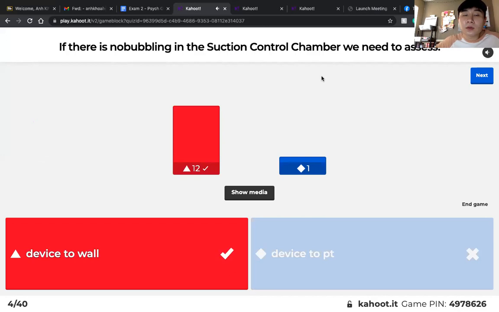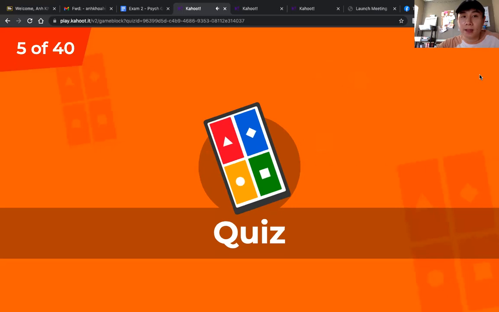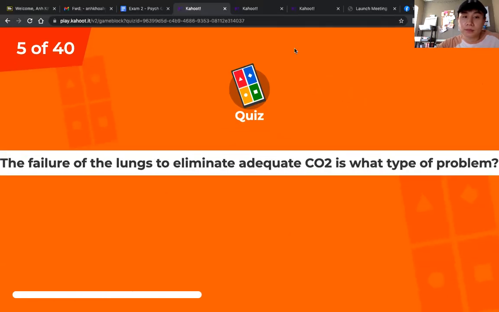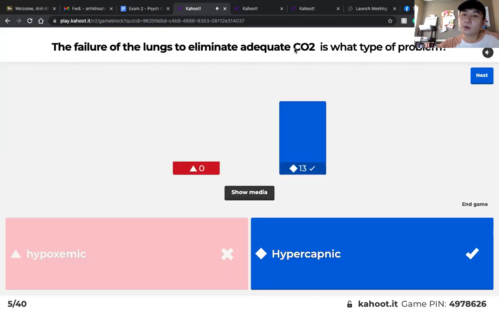So the suction control chamber should be continuously bubbling. If there's no bubbling, we need to check from the device to the wall to see if anything has come unplugged. So just remember this, device to the wall. Perfect. Carbon dioxide, hypercapnic.